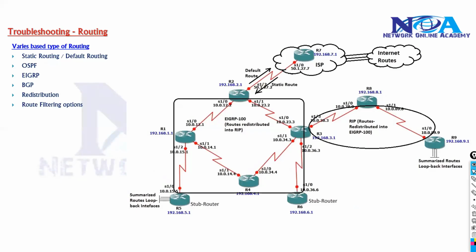In my case, I'm going to assume that I'm using static routing, so we assume we are using static or default routes in our network and there are some issues relating to static routing. We'll see what the possible issues are, what we need to check when a specific problem comes, and what the steps are.